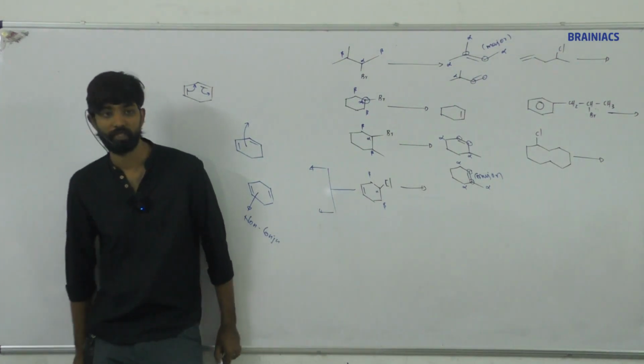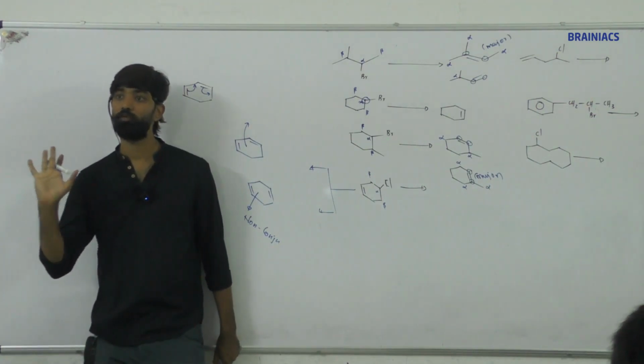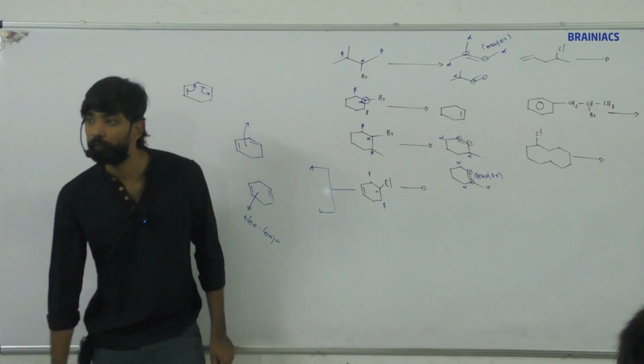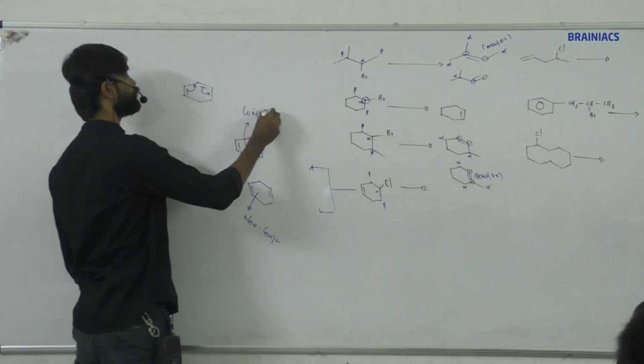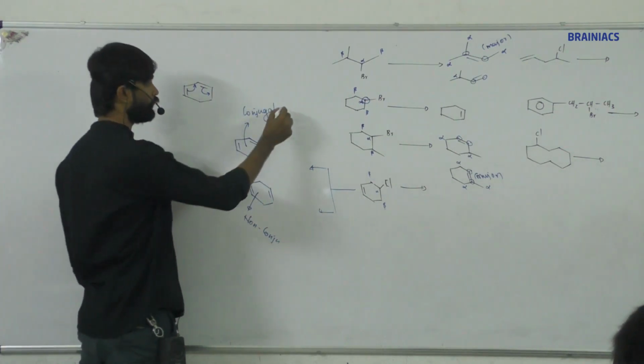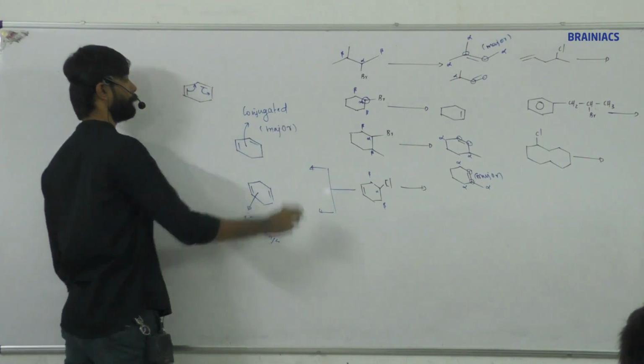Stability is the criterion for deciding the major product. Whichever is the most stable will be the major product. Keep it in mind. So this is conjugated, most stable, so this product will be the major.